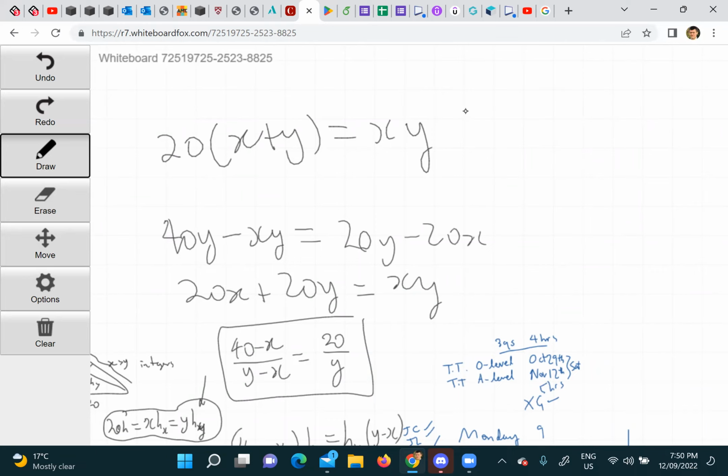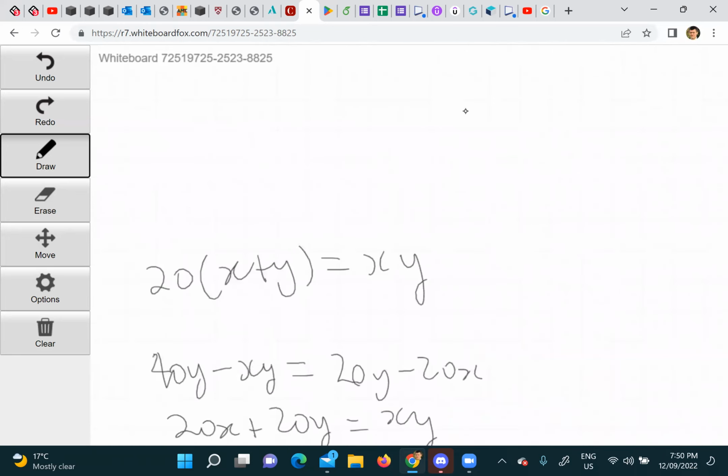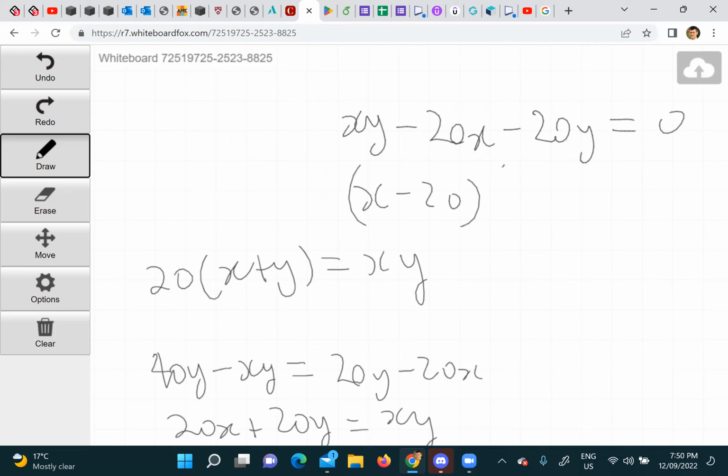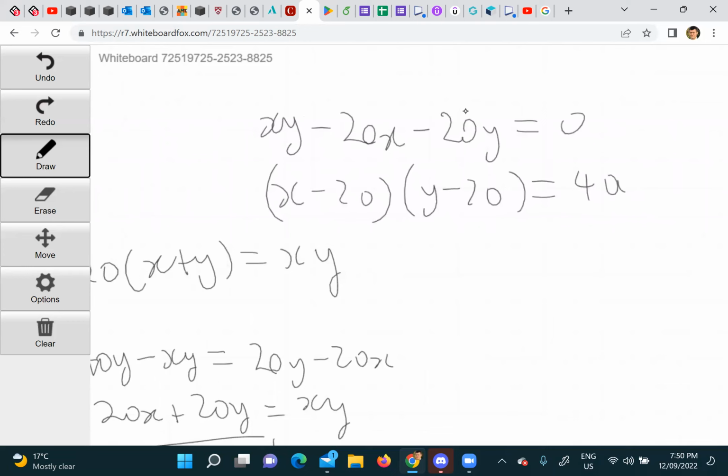But essentially, you're doing xy minus 20x minus 20y equals 0, which is equal to (x minus 20)(y minus 20) equals 400. And 400, if you remember, is 2 to the power of 4 times 5 squared.